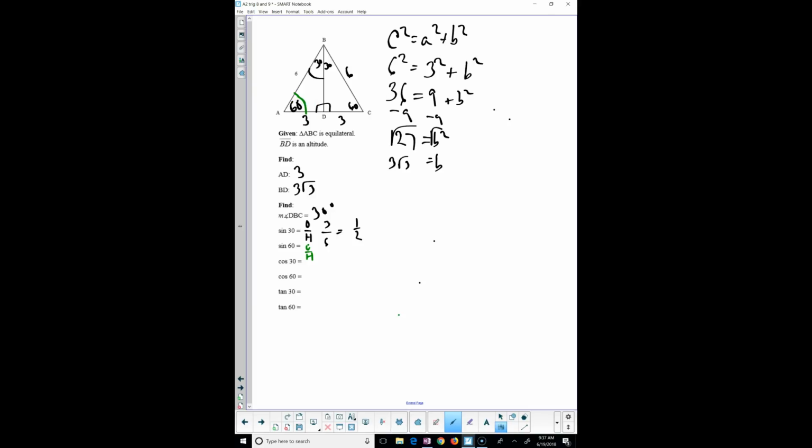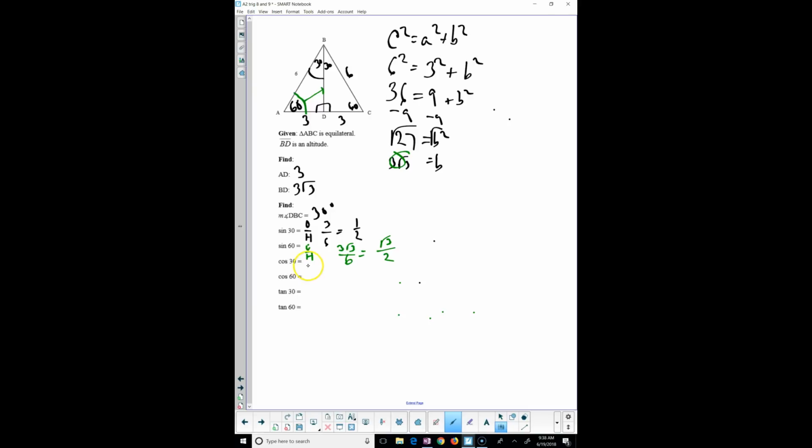So the opposite is the one across, which is BD, what we found here, 3 radical 3, all over the hypotenuse, which is 6. So 3 radical 3 over 6 is radical 3 over 2. Alright? And again, that's always true. Sine of 60 is always that.